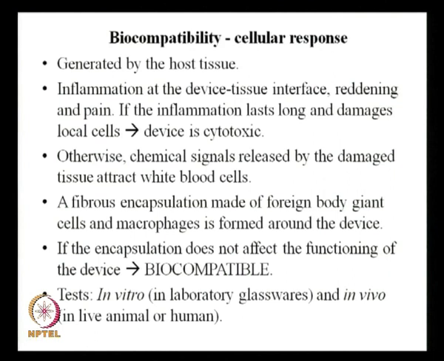Inflammation at the device tissue interface: the moment you put this microstructure device, there would be inflammation at the device tissue interface. This will cause reddening and pain. If the inflammation lasts long and damages local cells, then the device is called cytotoxic.